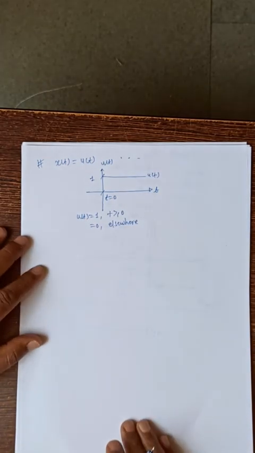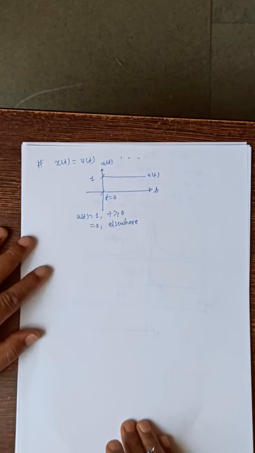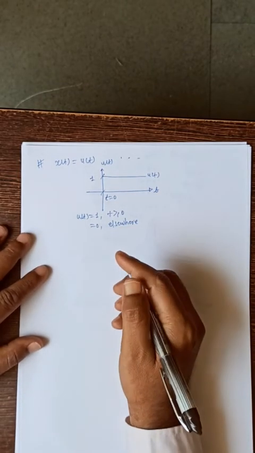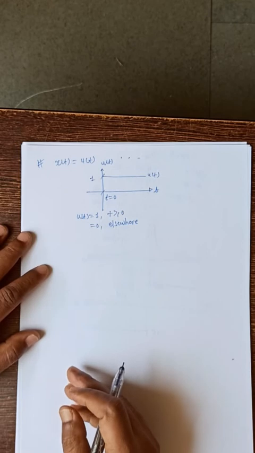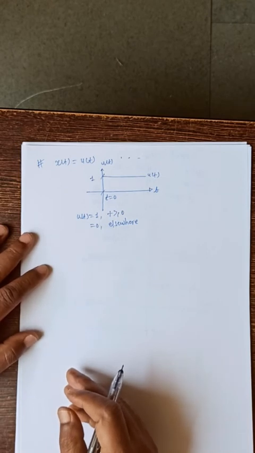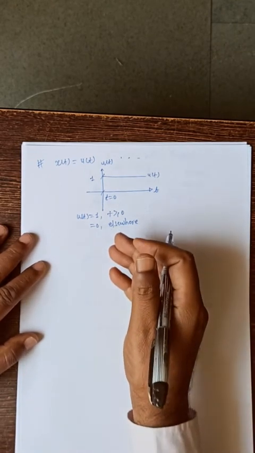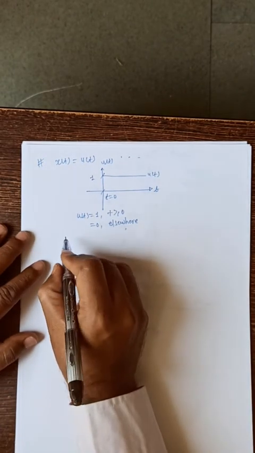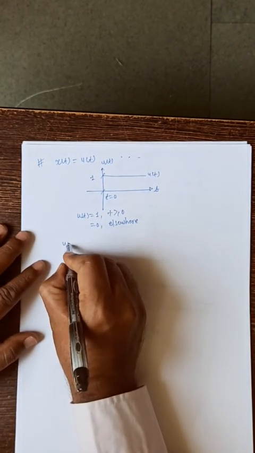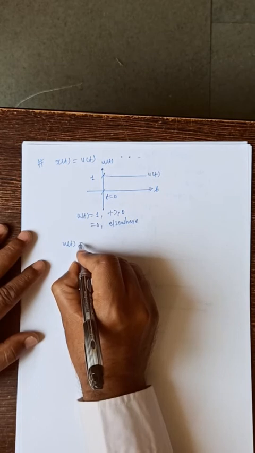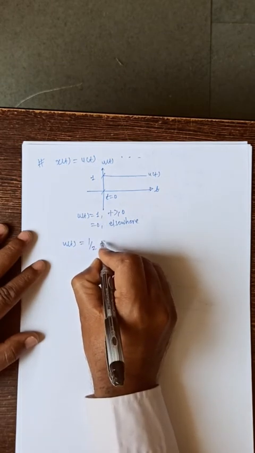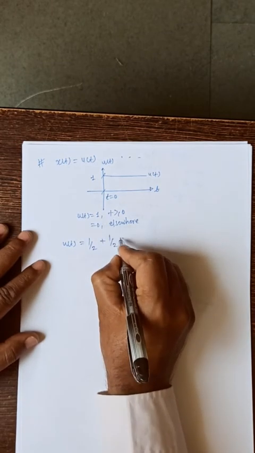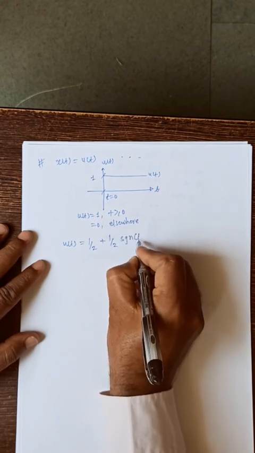So we are going to represent this u(t) in terms of sgn(t), because just now we have found the Fourier transform of sgn(t). You see. So can I write u(t) as half plus half sgn(t)?